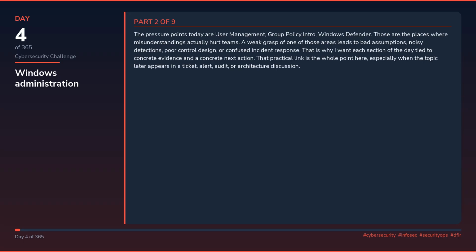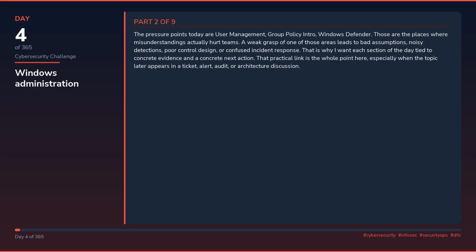The pressure points today are user management, group policy intro, Windows Defender. Those are the places where misunderstandings actually hurt teams. A weak grasp of one of those areas leads to bad assumptions, noisy detections, poor control design, or confused incident response.